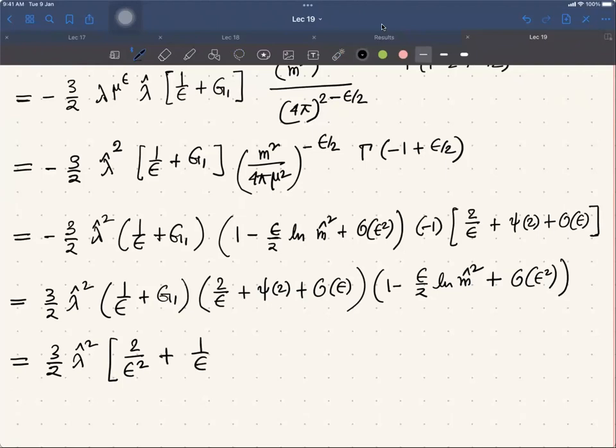Then 1 over epsilon terms. 1 over epsilon times psi 2 will give you psi 2, and G1 times 2 over epsilon will give you 2 G1, and 1 over epsilon times 2 over epsilon will give you minus log m hat squared, plus order 1.